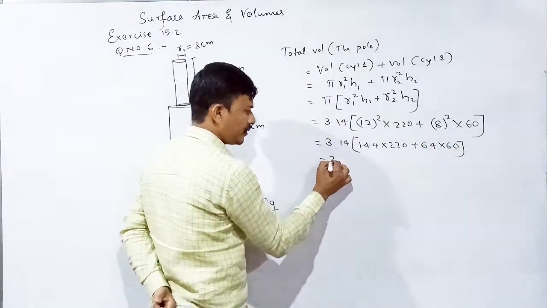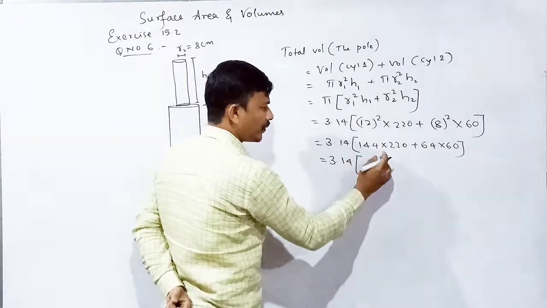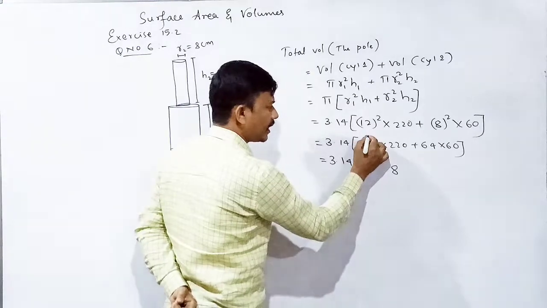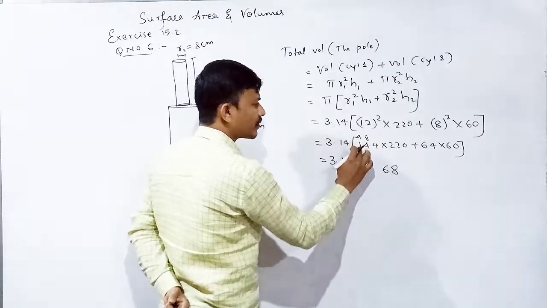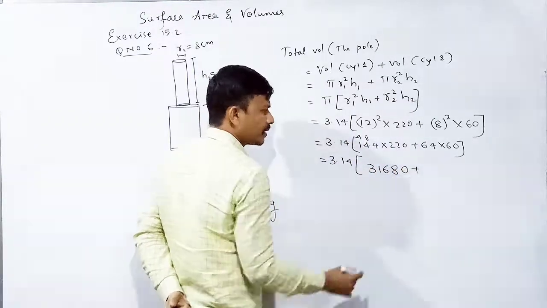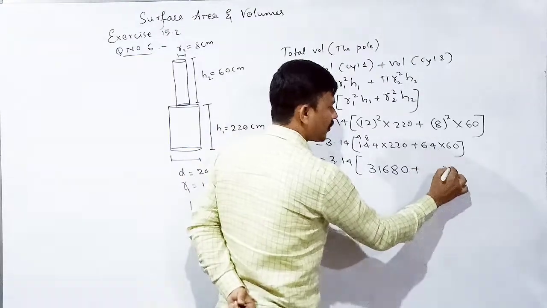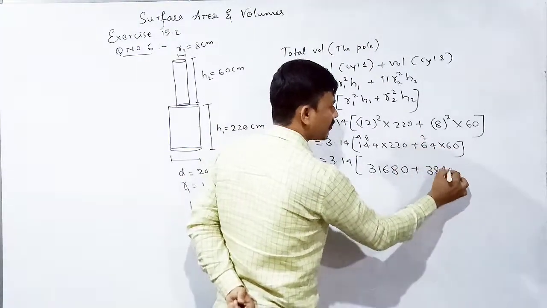This is equal to 3.14 in bracket 22 4s are 88 carry 8, 22 4s are 88, 96 carry 9, 22 1s are 22, 9, 31, single 0, plus 6 4s are 24 carry 2, 6 6s are 36 plus 2 38, 1 0.